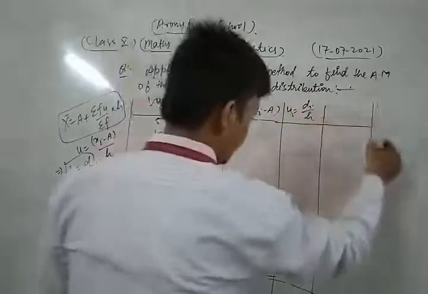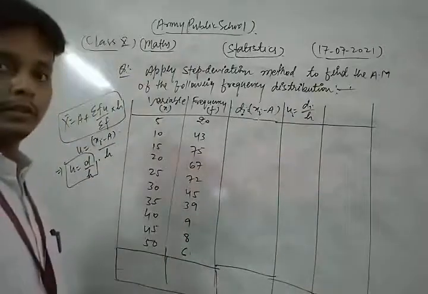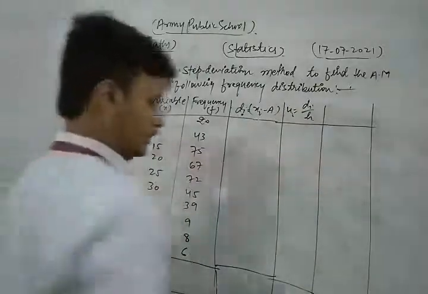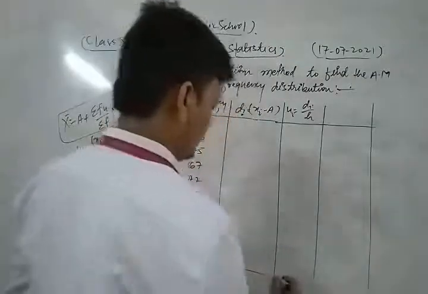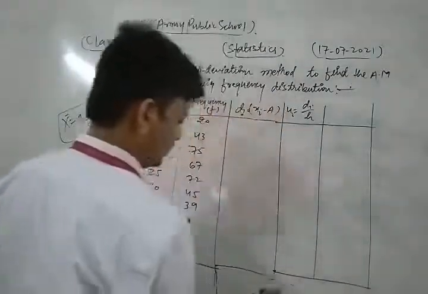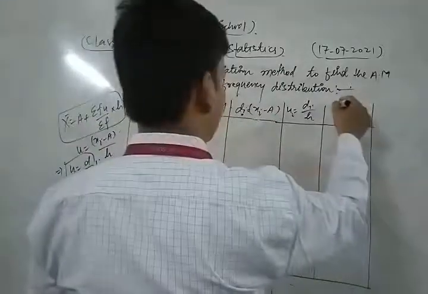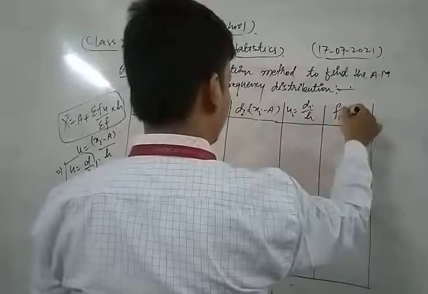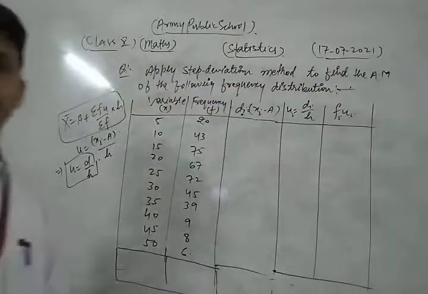We also prepare another column for finding the value of f into u, each f_i into u_i. Okay, so this is the method.